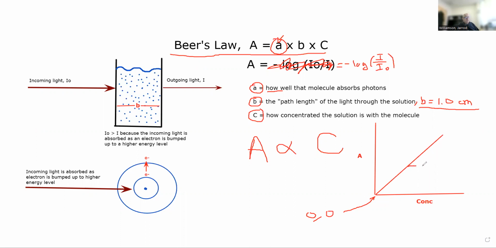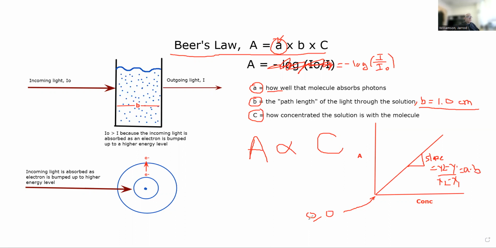And the slope of this line, and that's poorly written, but that'll be y2 minus y1 over x2 minus x1, will be equal to little a times little b.